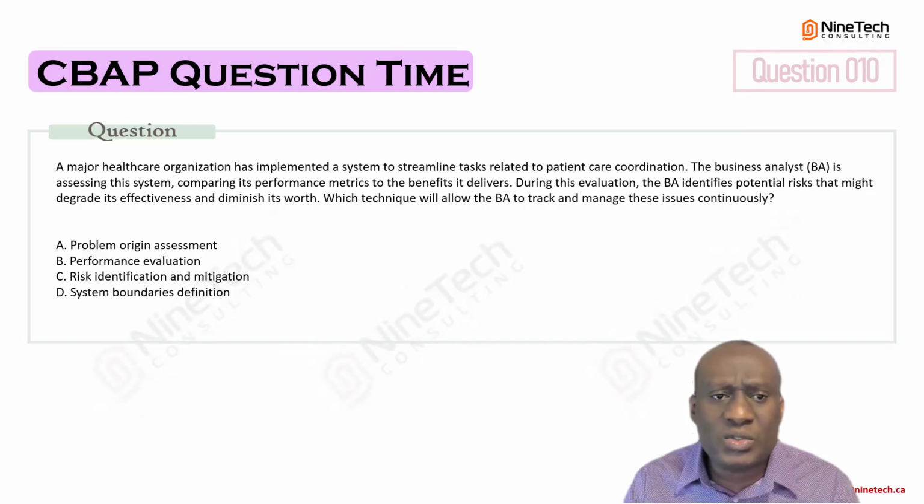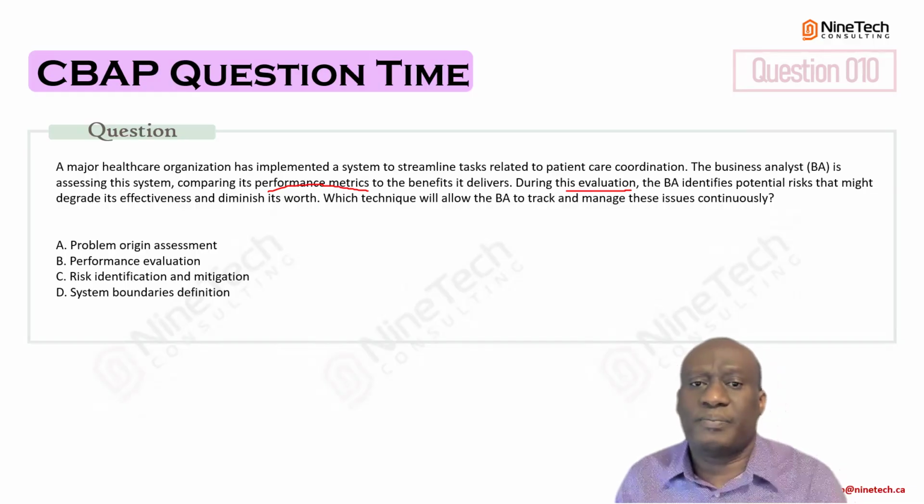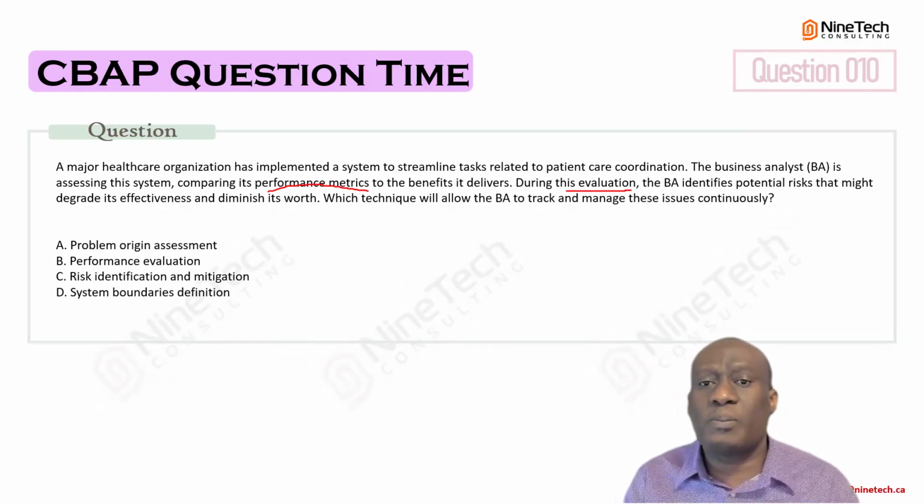Okay, so the BA is doing a solution evaluation and has some performance metrics, and is trying to check for potential risks that might degrade the effectiveness of the system. What technique would allow the BA to track and manage these issues continuously?